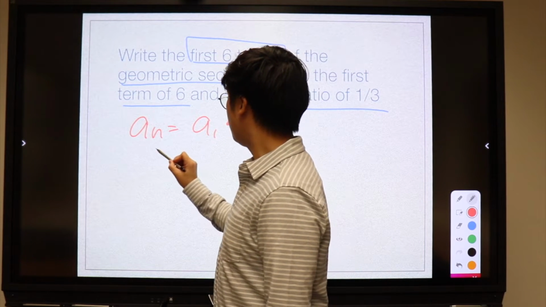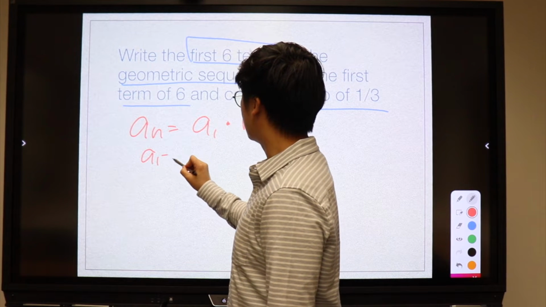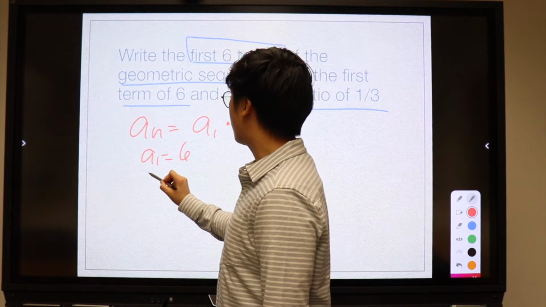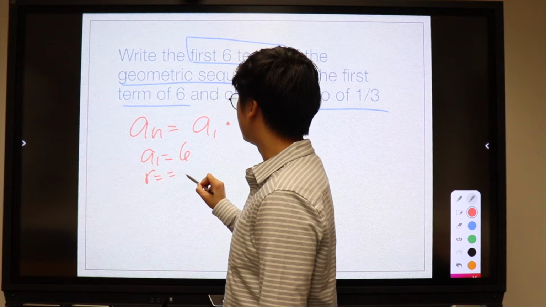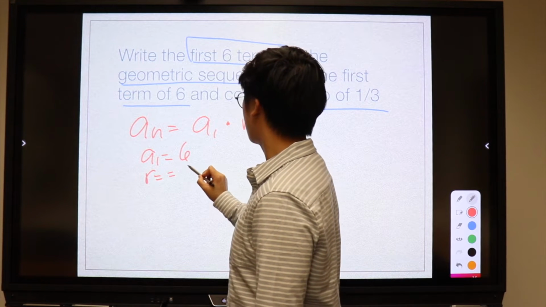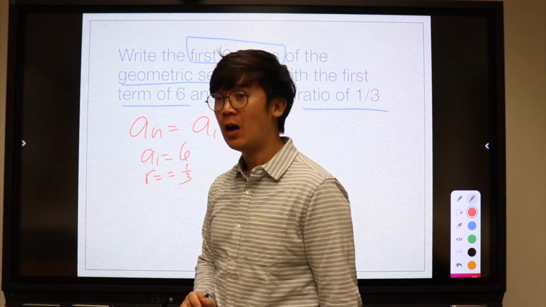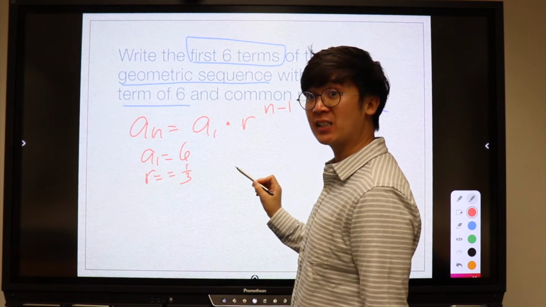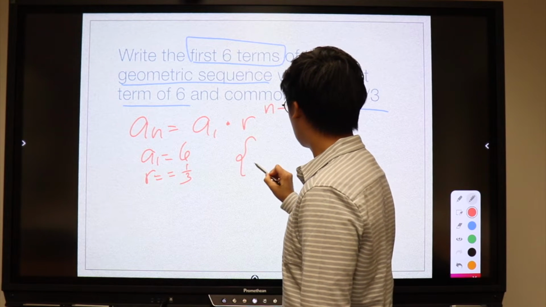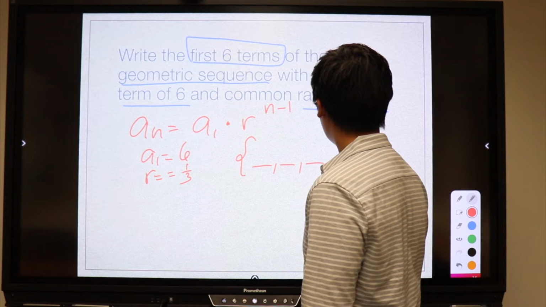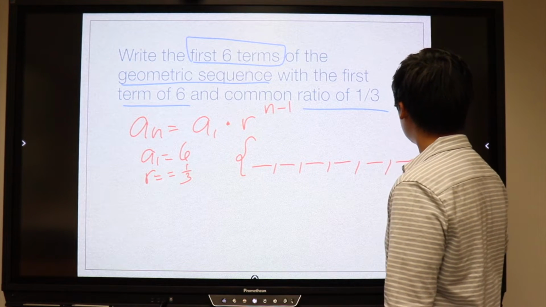Do we know the first term? Yes. 6. Do we know the common ratio? Yeah, 1/3. Now, we're looking for the first 6 terms, which is 1, 2, 3, 4, 5, 6.